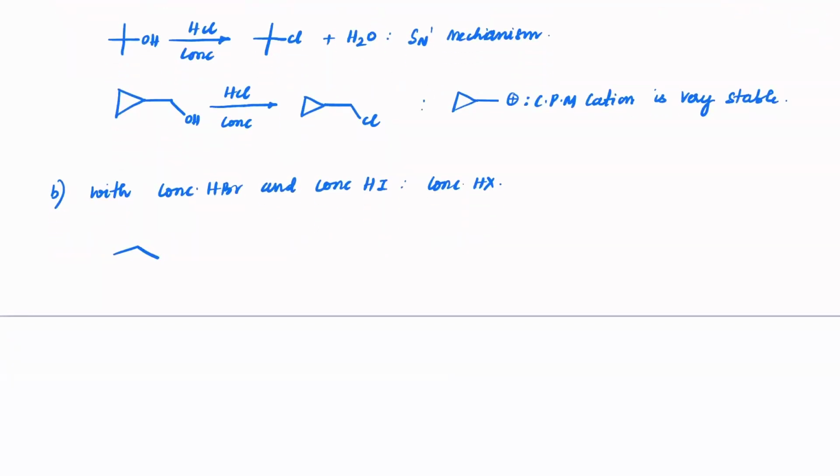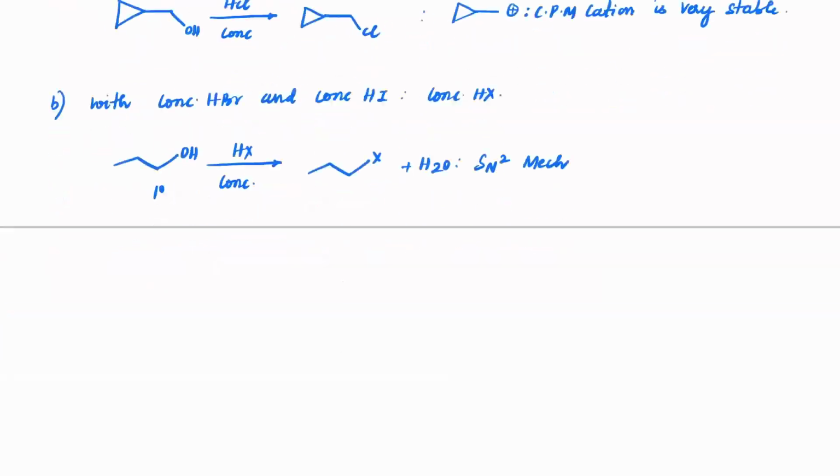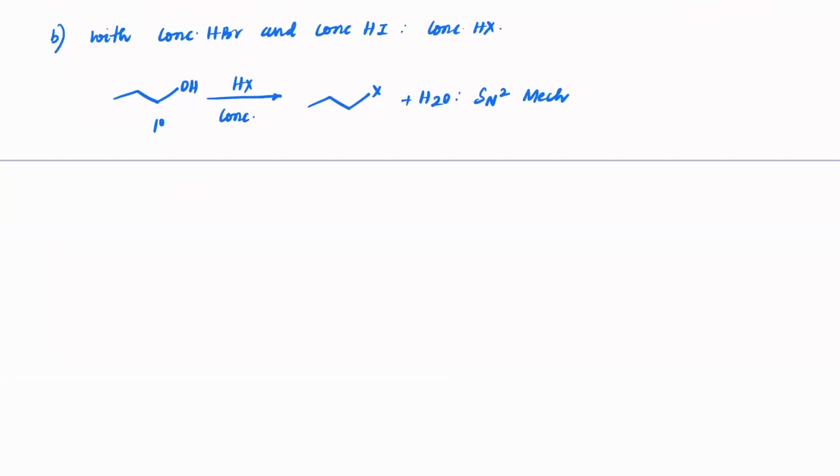If it is at a 1 degree position here, and then you are using HX concentrated, in that case you will have X here plus H2O, but the reaction is driven via SN2 mechanism. So here the bond will typically break, but often go for SN2 mechanism.